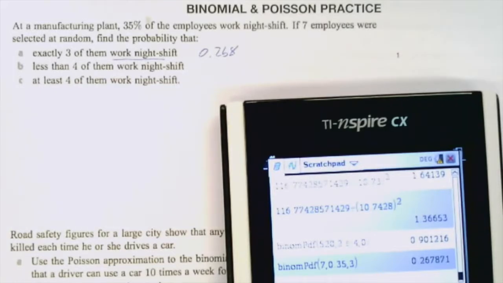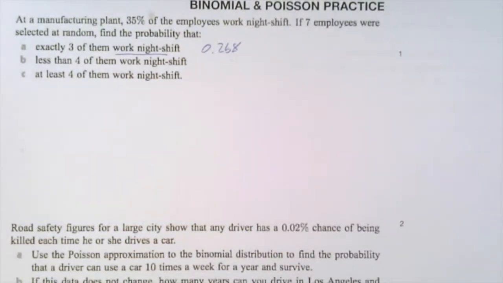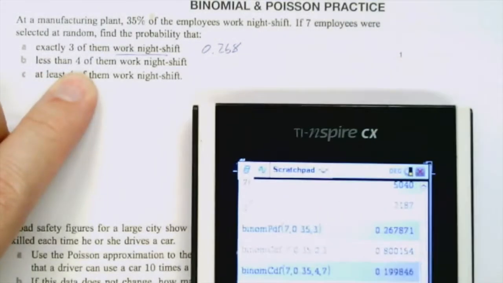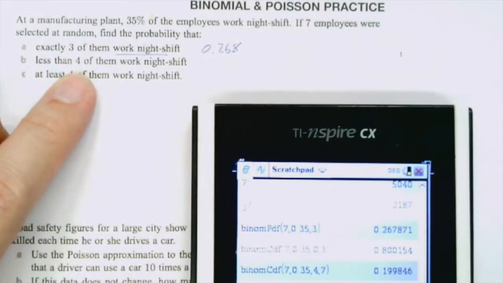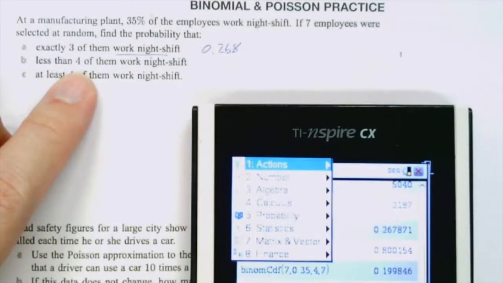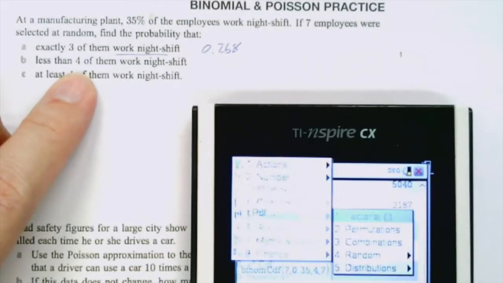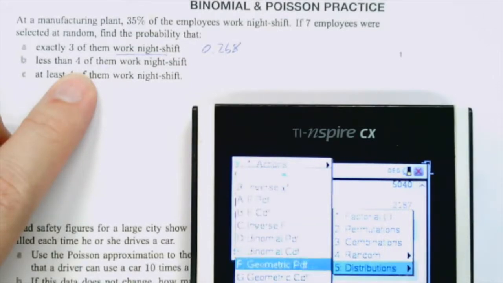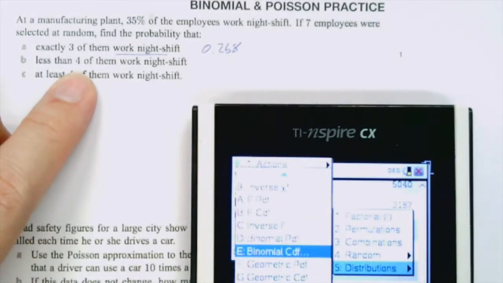Now, that having been done, we'll go on to the next part. We now have the question, less than 4 of them work night shift. So again, we're going to go into that binomial distribution. And this time I'm going to do Binomial Cdf. The reason why I'm doing Cdf is because I want to accumulate several answers. Now, you could do Pdf.